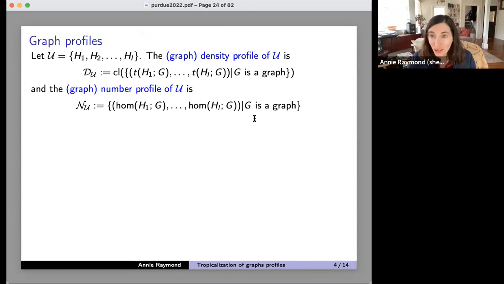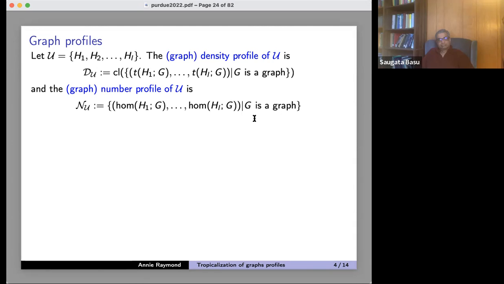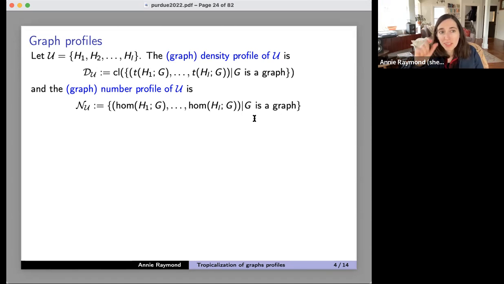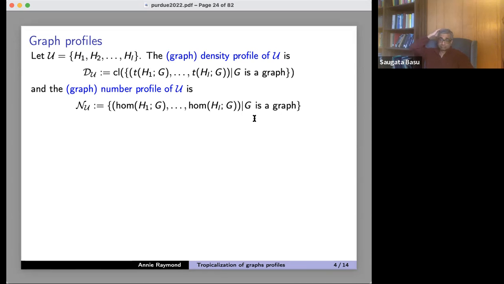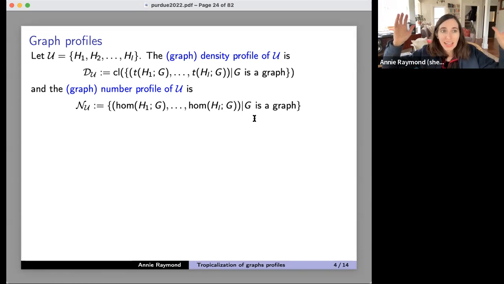So now that we know how we want to count, we can define exactly what we mean by a graph profile. Let's say that I have a collection of L graphs, H1 through HL. Then the graph density profile of my collection is going to be the closure of the set of vectors that record the homomorphism densities of my Hi's in some graph G. I can look at any target graph G, calculate the density of all my Hi's in there, create a vector out of that, and then take the closure of all such vectors.